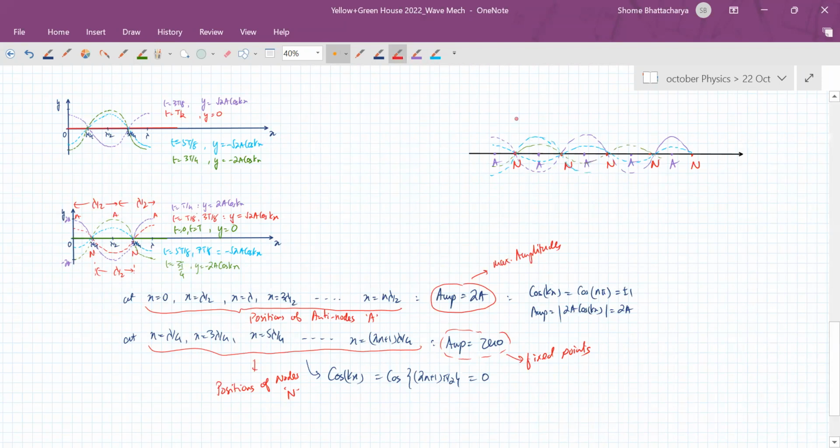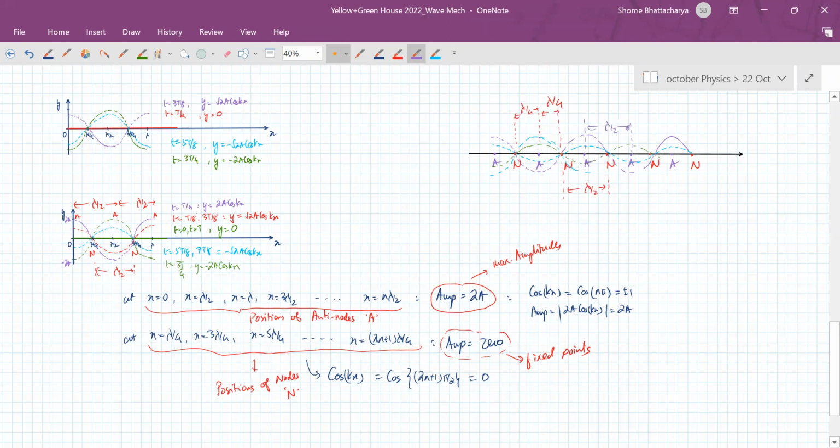So anyhow, the distance between one antinode and one consecutive node is lambda by 4. They are spaced out at lambda by 4, whereas two consecutive nodes are lambda by 2, two consecutive antinodes again lambda by 2. So they are equally spaced out.